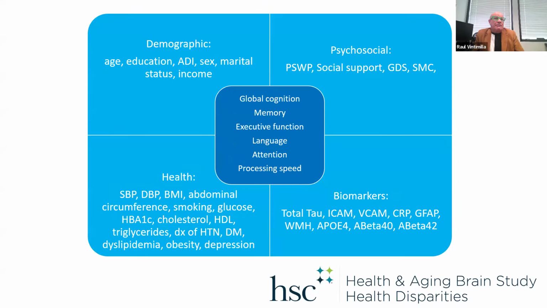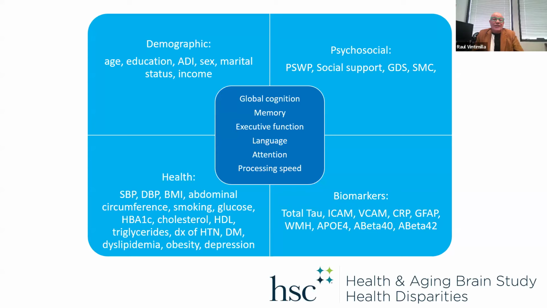Based on prior experience and prior research within our cohort, and also using, of course, what is published, the Alzheimer's Association conclusions, the Lancet Commission on Dementia conclusions, we used the obvious demographic factors like age and education, and we added ADI, the Area Deprivation Index. Health factors like the diagnosis of the major cardiovascular risk factors, and also continuous measures.